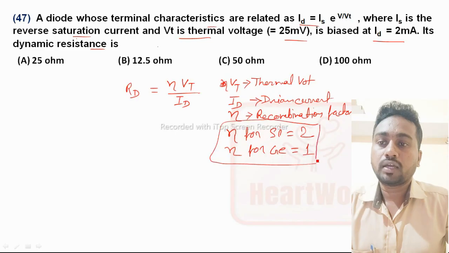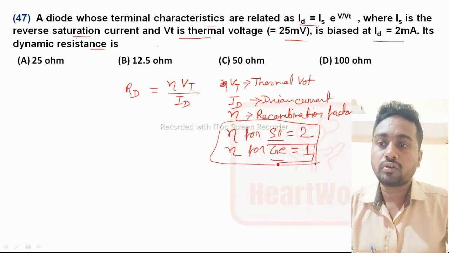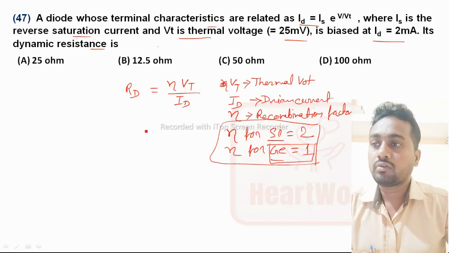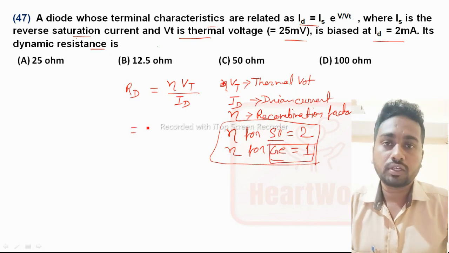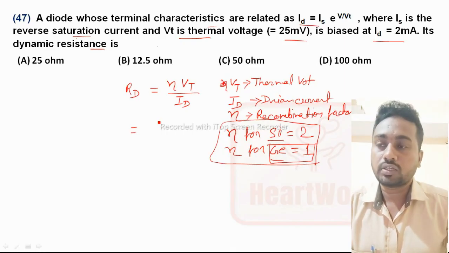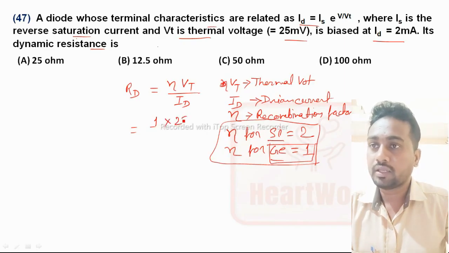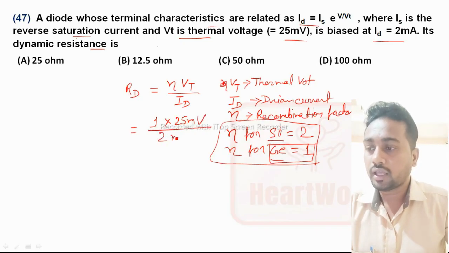In a question, if it is not mentioned whether the semiconductor is silicon or germanium, then you have to assume it is germanium only, meaning you put eta value as 1. So here we put eta as 1, thermal voltage is 25 millivolt, and Id, the drain current, is 2 milliampere.